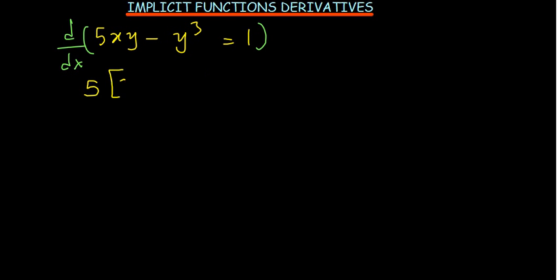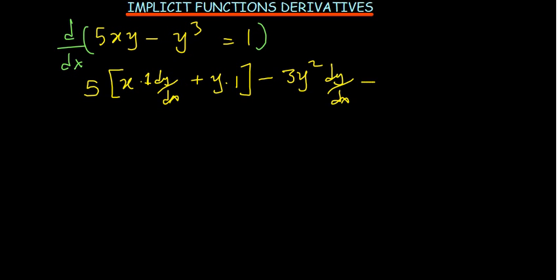I'm going to maintain x, differentiate y, that will give us a 1, and every time we differentiate y we add dy over dx. Then I maintain y and differentiate x, and that is going to be a 1. Then minus y to the power 3, the derivative of that is 3y squared. Every time we differentiate y, we add dy over dx, and that is equal to 0 because the derivative of 1 is 0.